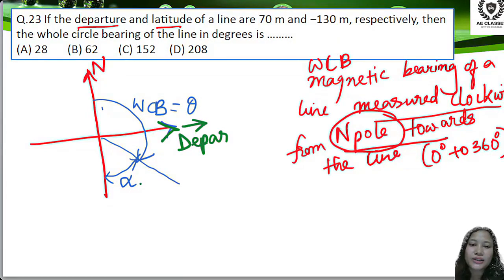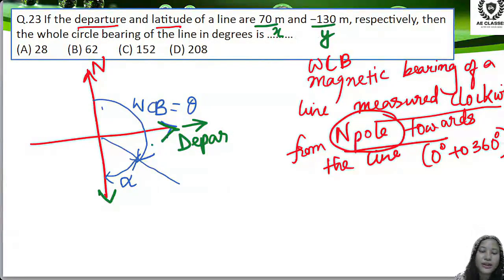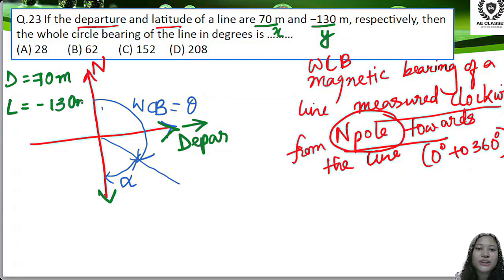Departure is given in this direction, and the latitude is given in this direction. So latitude is how much? Minus 130, right? So basically this is the value of x and this is the value of y only. If you look at it as plane coordinate geometry, then departure is d equal to 70 meter, and the latitude is minus 130 meter. All right, so now what is the formula for solving this?